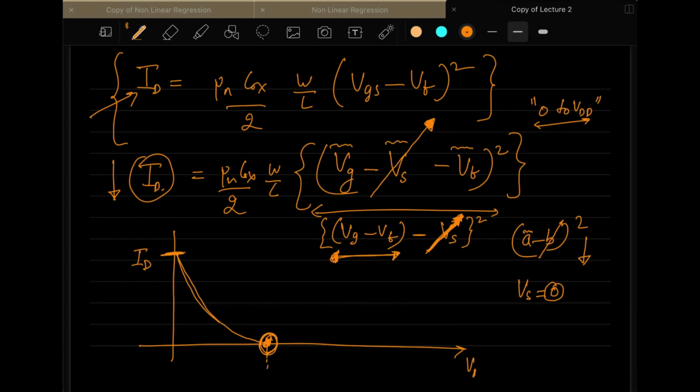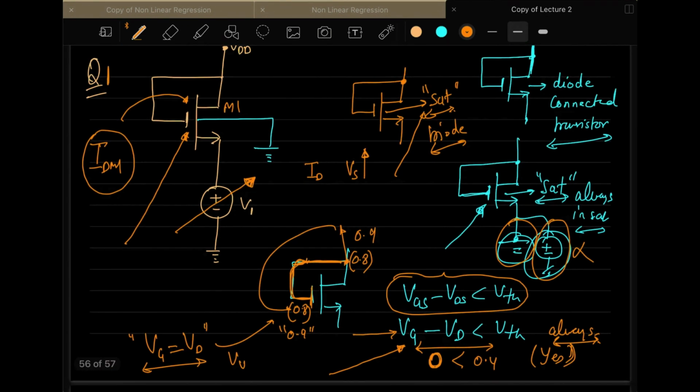So what is this value? This value will happen when your VGS is less than VTH. Why will it happen like this? Because this is your VGS, this potential is VG, this potential is Vs, and you are increasing this Vs. Then your VGS will reduce because Vg is constant.